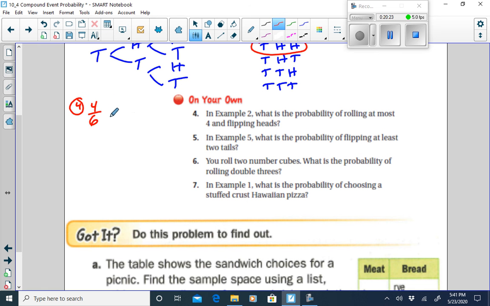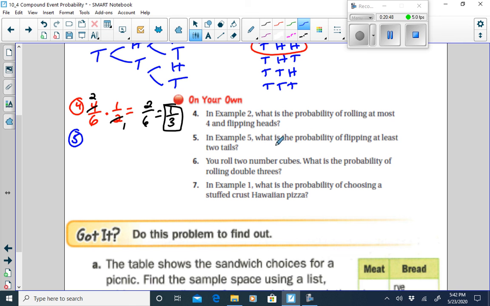And then flipping heads would be 1 out of 2. So we'd have to multiply. When we multiply and divide out, we wind up with 2 over 6, which simplifies to 1/3 for question 4.